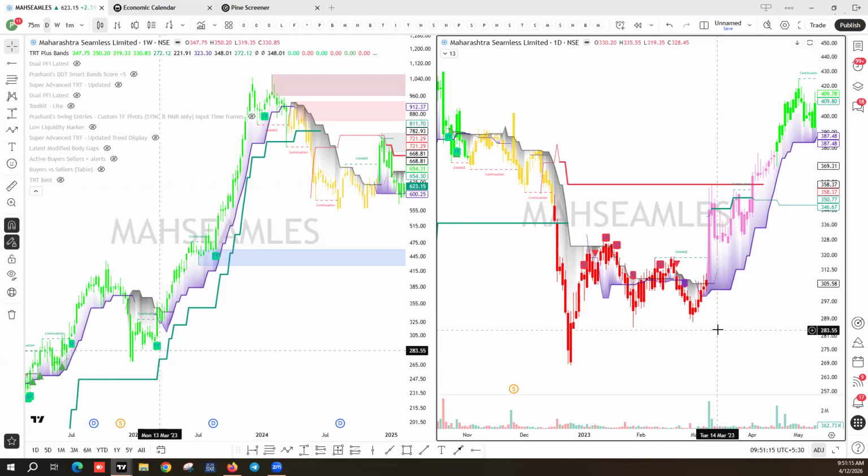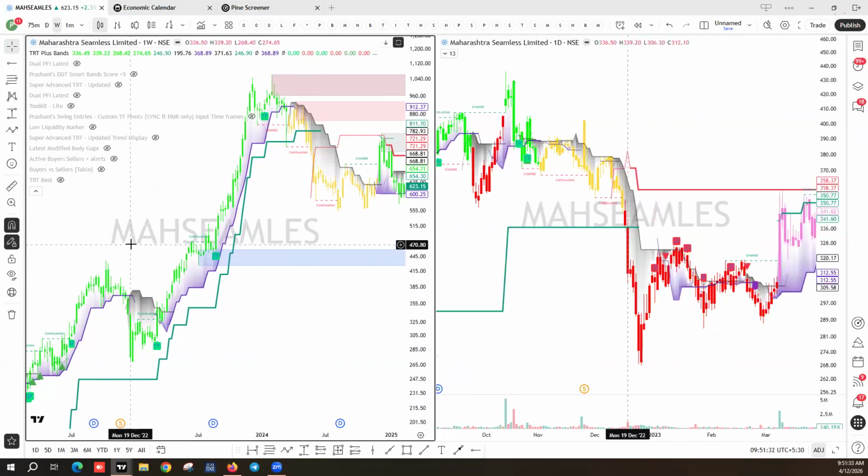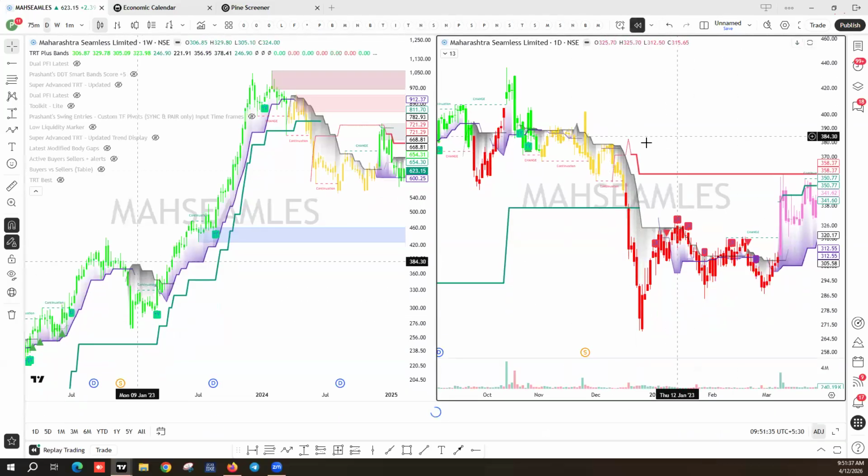Can we take this entry when the lower time frame is red in such scenario? So what I have explained in the past is, if you are looking for entry in downtrend, this is a stock. Let me start bar replay.